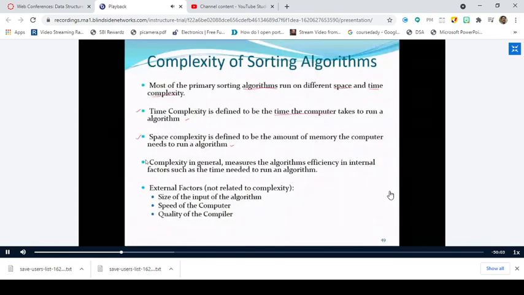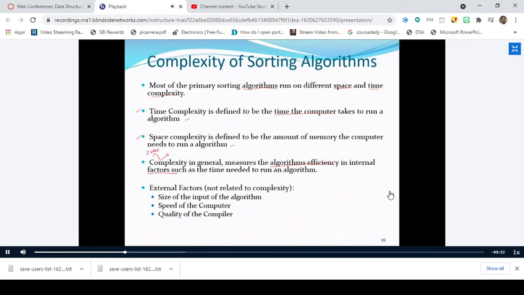So there are some internal factors and some external factors which judge the efficiency of the algorithm or the time complexity of the algorithm. In general, complexity measures the algorithm's efficiency based on internal factors, and it also depends on external factors, right?